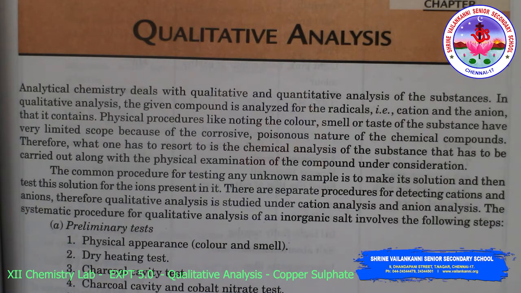You already did this qualitative analysis in class 11; now it is the same, the only difference being the cations and anions. The acid radical is negatively charged. Examples of acid radicals: chloride ion, bromide ion, iodide ion, sulphate ion, like this.